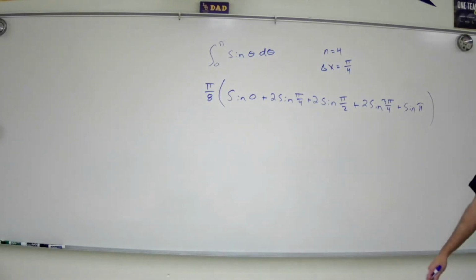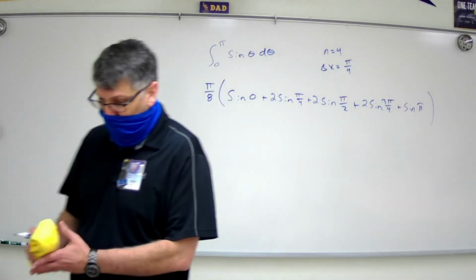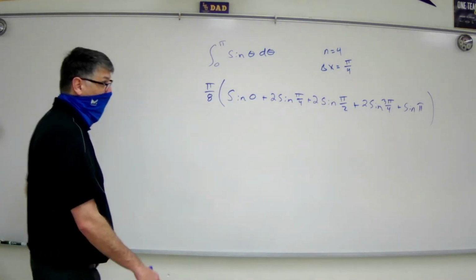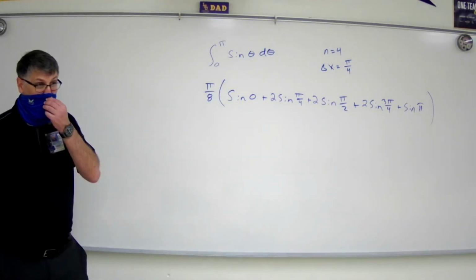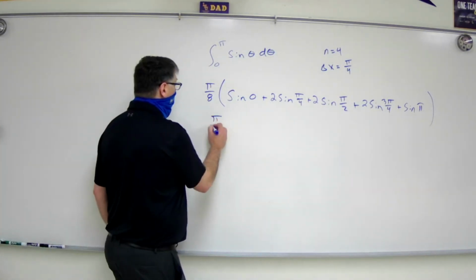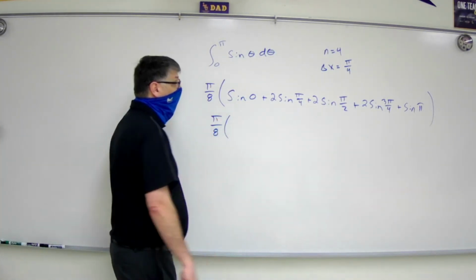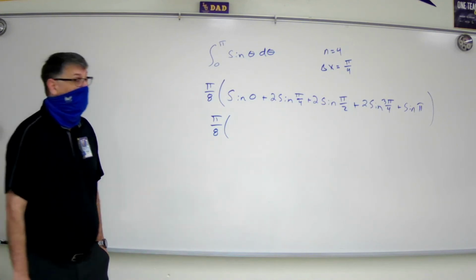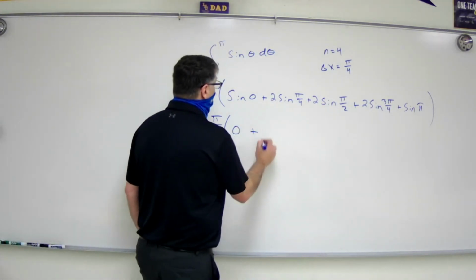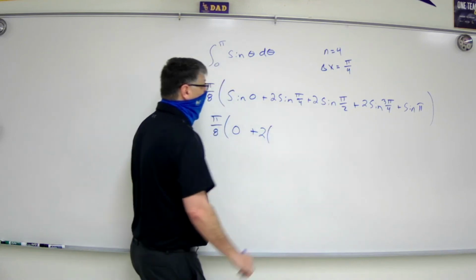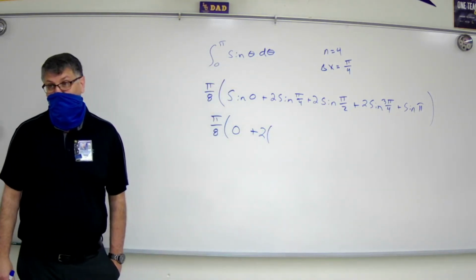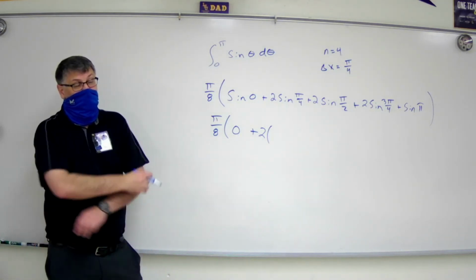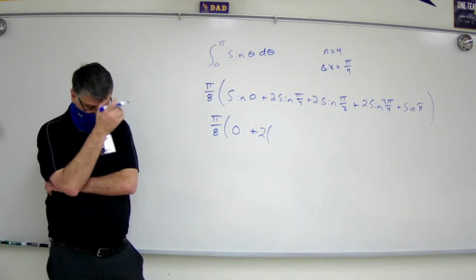Now, see if you remember the unit circle. No, thank you. What is sine of 0? Put the calculator down. 1. So I have pi over 8. Sine of 0 is 0 plus 2. What is sine of pi over 4? Square root of 2 over 2.